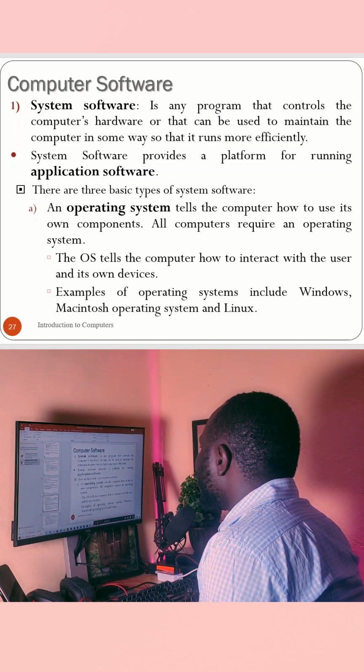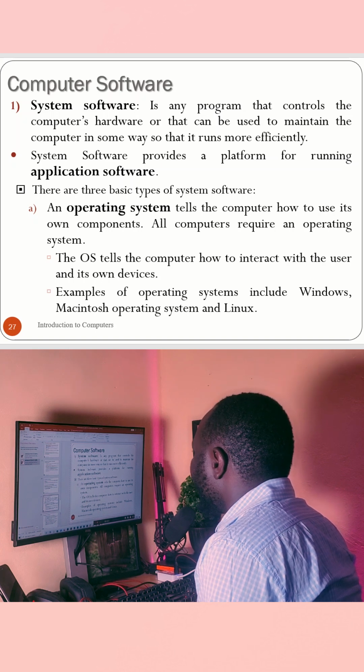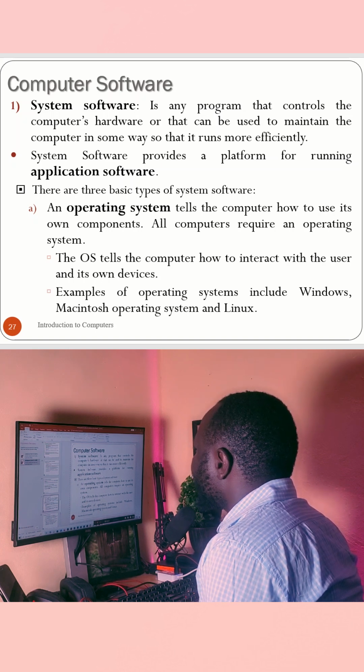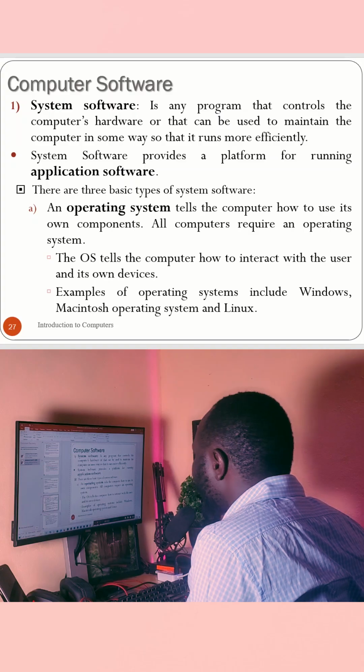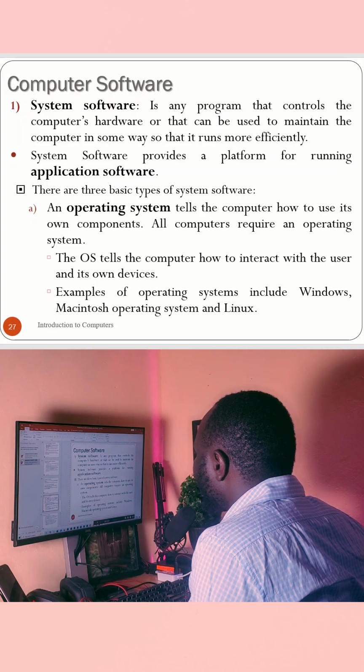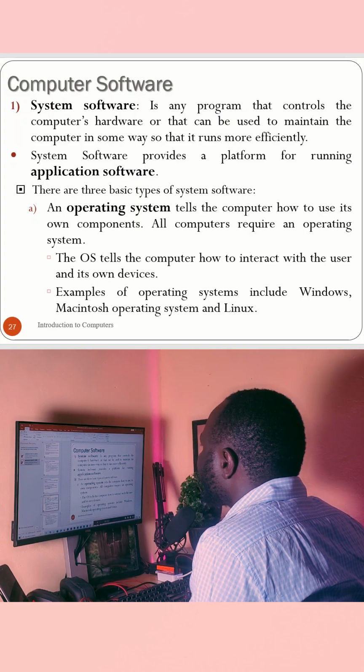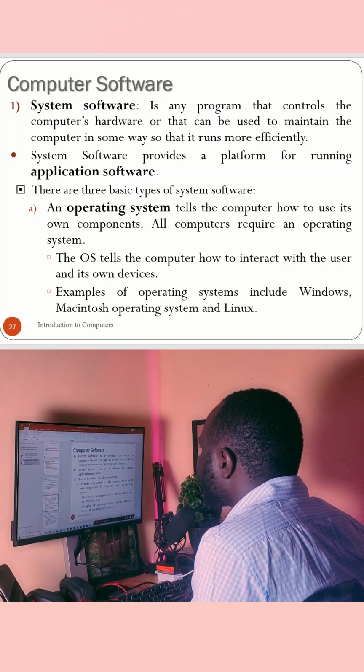But there are basically many operating systems out there. Actually, operating system is a course unit of its own. But what we need to understand at this level, which is Computer Literacy 1, is that an operating system falls under system software.